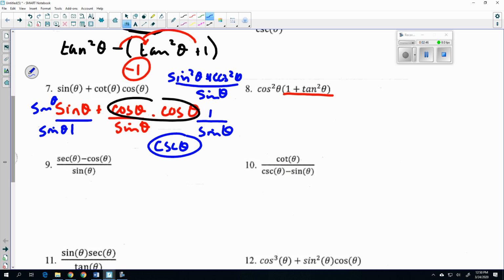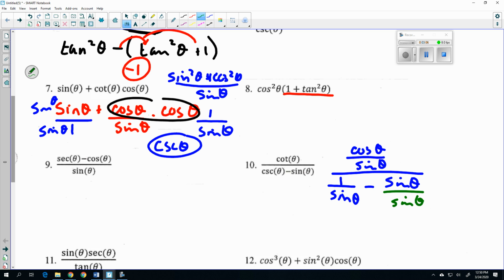If I look at number 10, I'm going to rewrite cotangent into cosine of theta over sine of theta. Can't really do much with that. In the denominator, I have 1 over sine theta minus sine theta. Well, in order for me to subtract these fractions, I need to have a common denominator. And I know that sine theta times sine theta is sine squared theta, but if you think back about your first sheet, which hopefully you have in front of you, 1 minus sine squared theta is cosine squared theta.